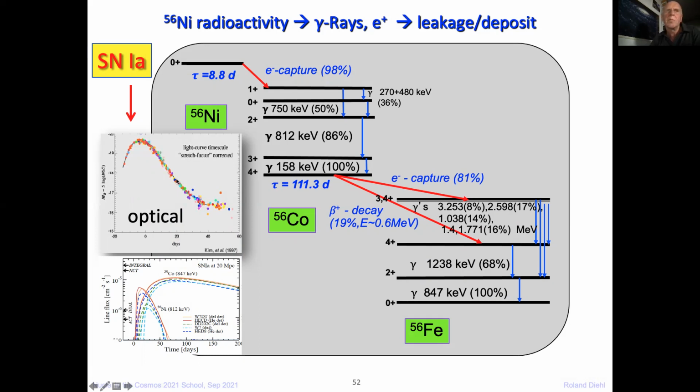So the fall off comes from the leaking out of the gamma-ray energy deposit in the envelope so that it cannot be captured by this envelope that serves as a calorimeter in this case.